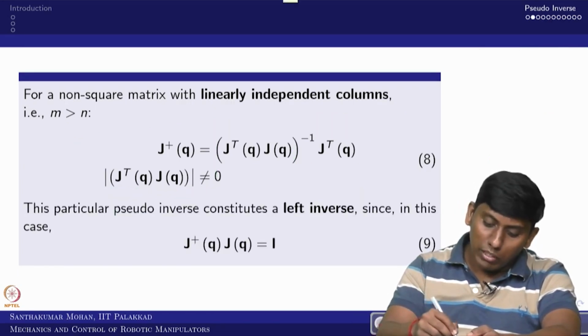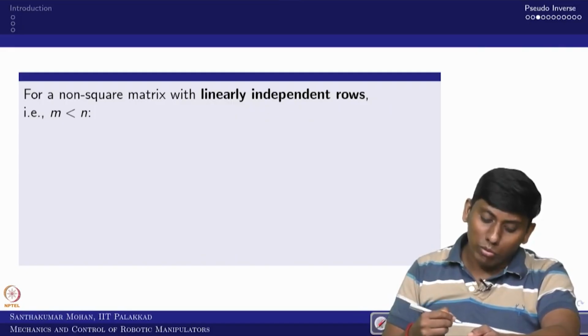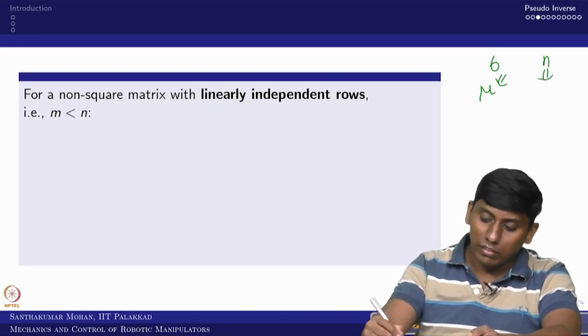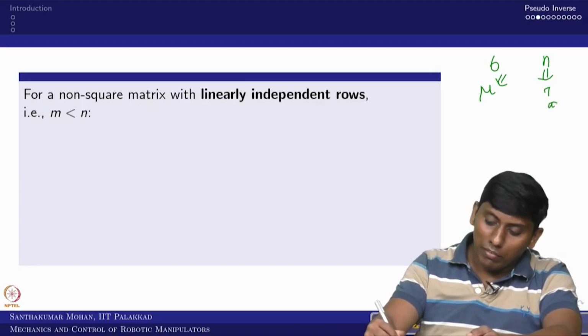The other way around is if M is less than N. For example, 6 is the mu vector, but your N is more, say 7 axes, in the sense Q is N cross 1, that is 7 axes.